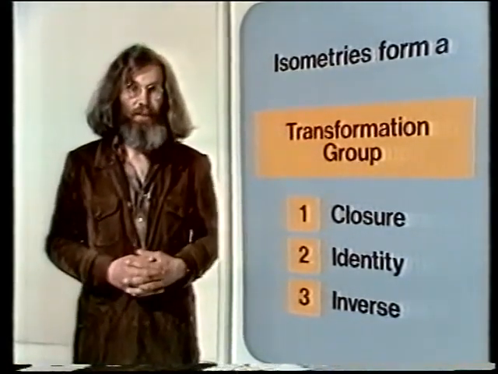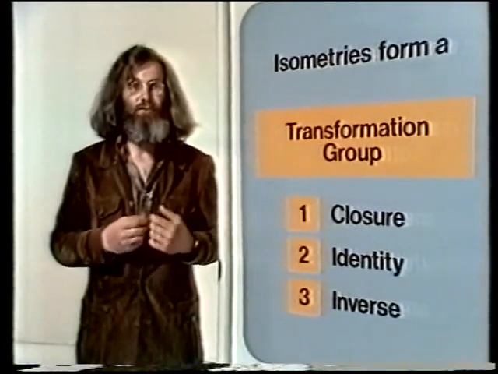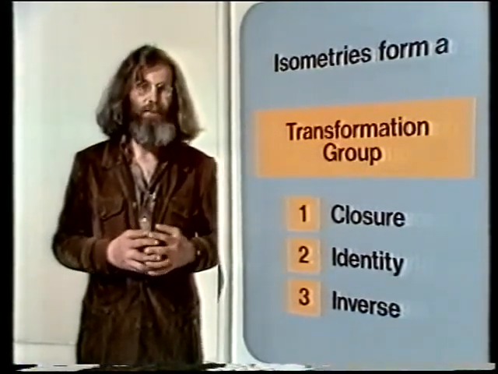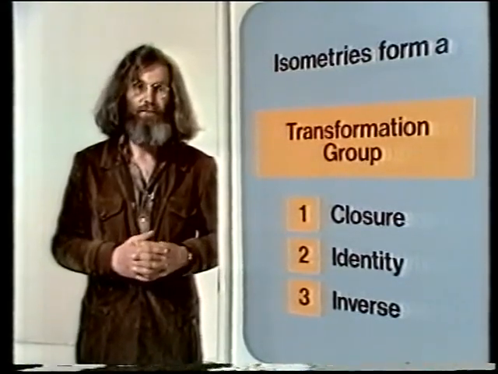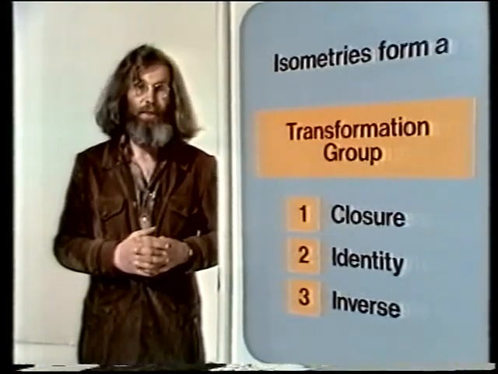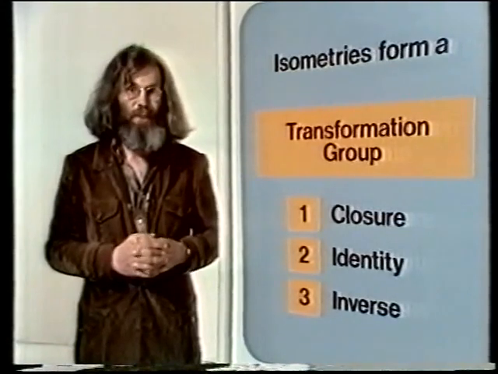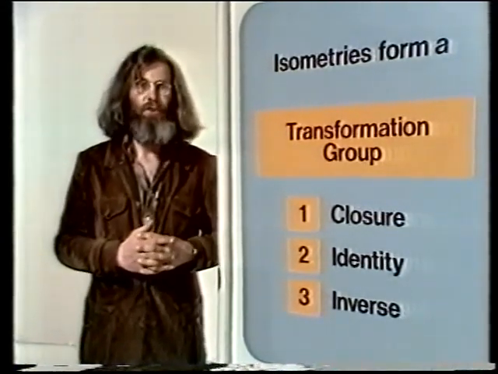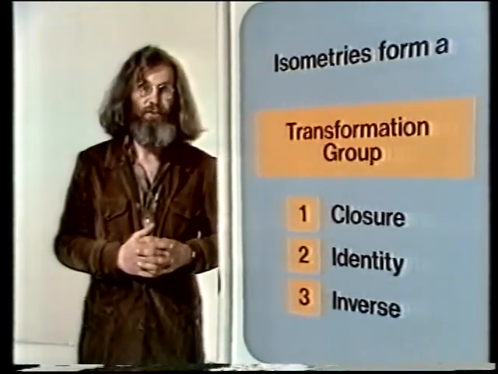Well, to be very precise, a transformation group consists of functions from a set to itself. And the set we have in mind is the set of all points in space, not just the points on the double-decker bus. So, when we think of an isometry, we think of it as moving every possible object relative to some fixed frame of reference.